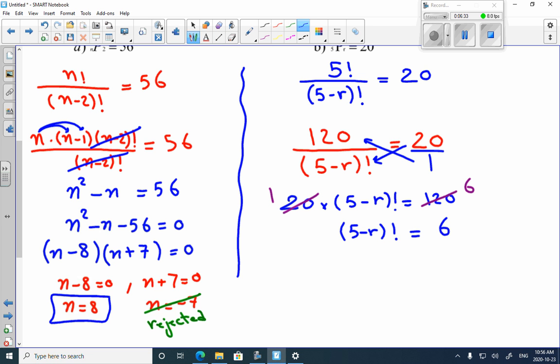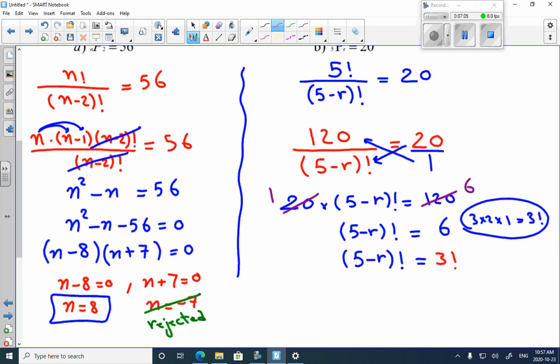How do you find the value of r here? What could be a possible value for r? The only way is to change the other side into factorial notation and equate the inside of the factorials. So right here I have 5 minus r, and instead of 6, I know that 6 is 3 times 2 times 1, which is the same as 3 factorial. So I can replace 6 by 3 factorial.